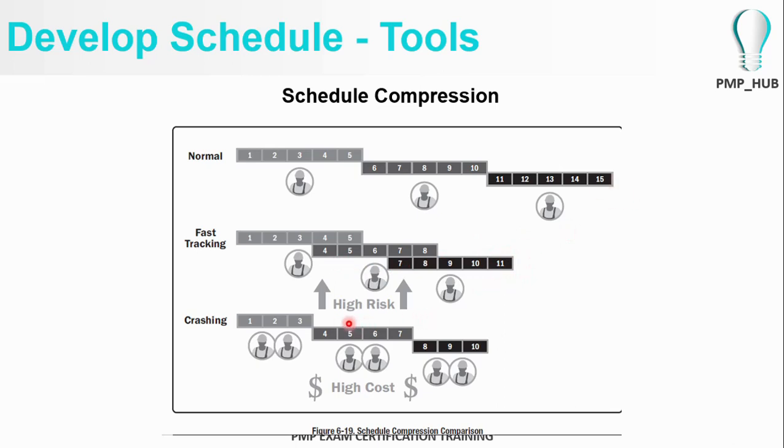However, it adds high risk because we do not know what unforeseen risks will occur due to activities done in parallel. In the crashing method, we can add 2 more resources each, crash the project and finish it early. So instead of day 15, we can finish by day 10. But since we are adding more resources, it will result in high cost.